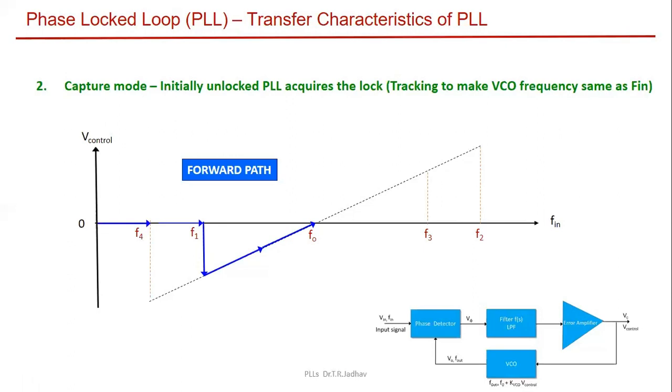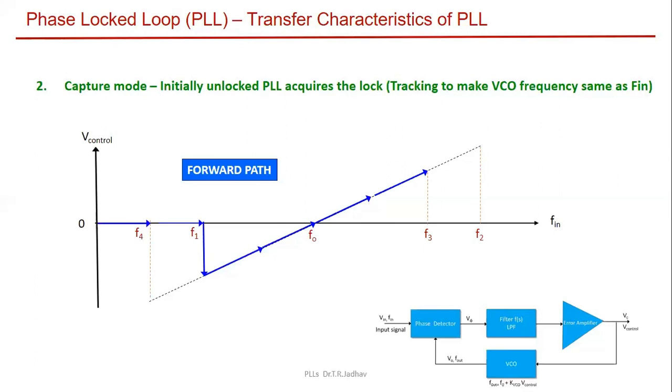Later, if I continue to increase the input frequency beyond F0, what will happen? Now F in becomes greater than F0 or F out, and that is why the error now becomes positive. You can see here the error is becoming positive now. It will continue.